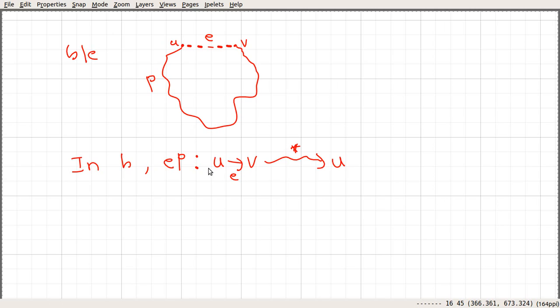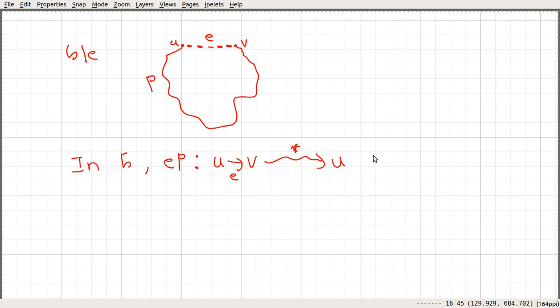It starts at vertex U and ends at the same vertex U. So you start from here, move to V using this edge E, then following this path you move back to U. So E, this deleted edge, combined with P in our original graph gives a cycle, and that's what we are trying to prove.